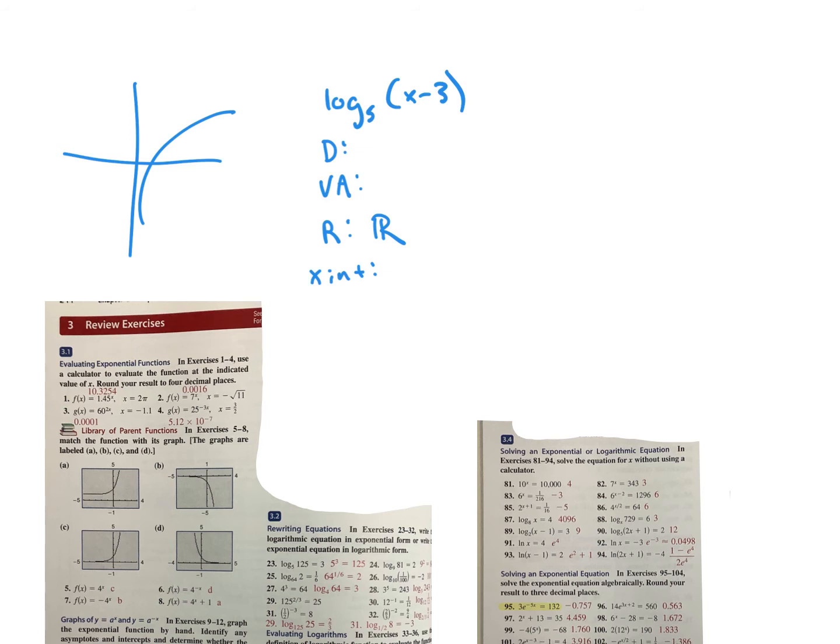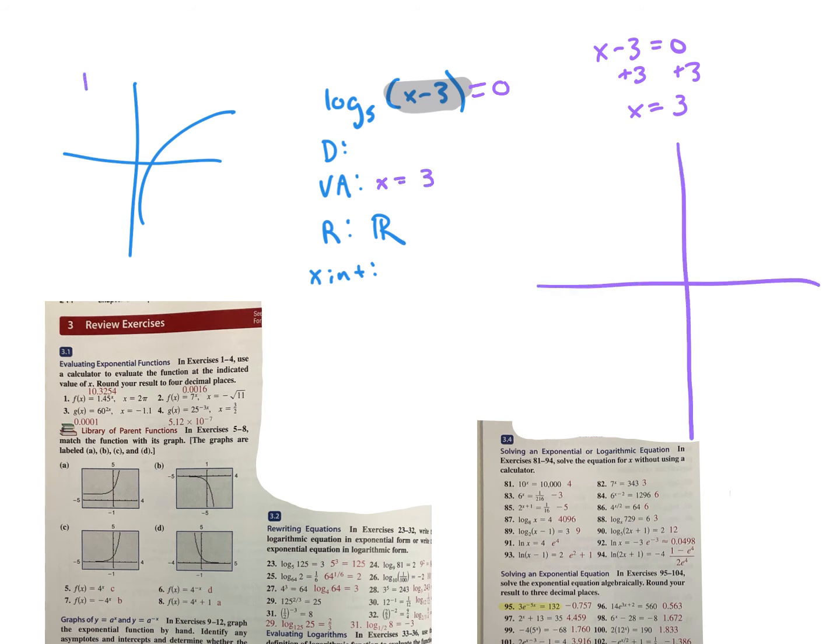So to find our domain and our vertical asymptote, we have to set what's inside the parentheses equal to 0. So this would be x minus 3 equals 0. Add 3 to both sides. X is equal to 3. So that's our vertical asymptote. I'm going to graph it over here. This is just an example of a basic log graph.